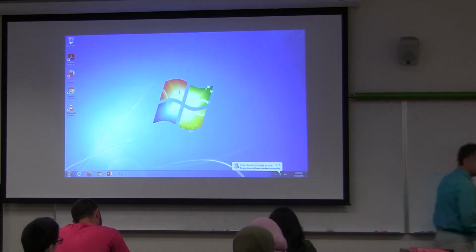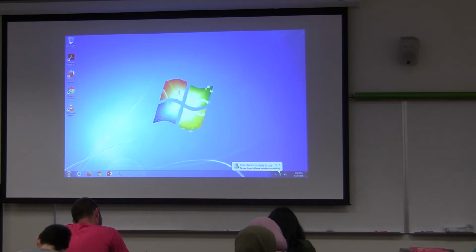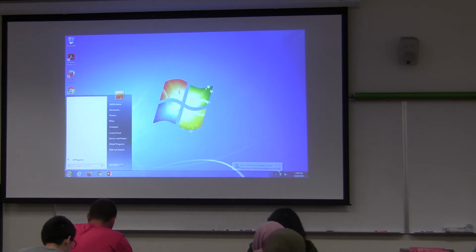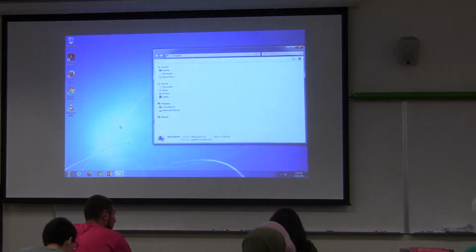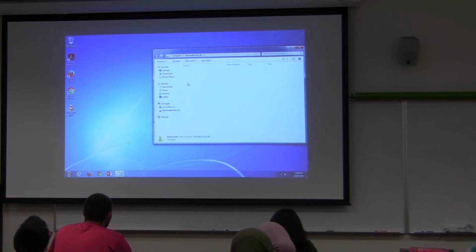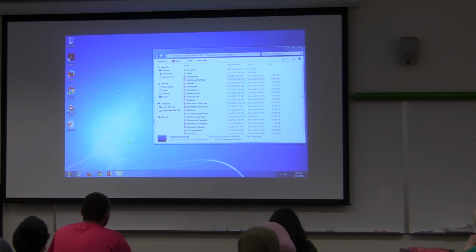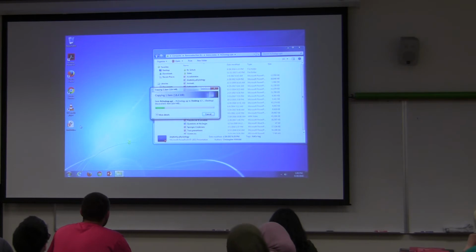Still trying to read my thumb drive. Your device is ready to use. Okay. One of these years. Okay, what is the notes? Anatomy, physiology. Download. Hold on. 2 hours, 3 hours.